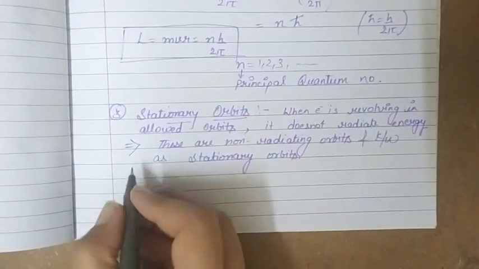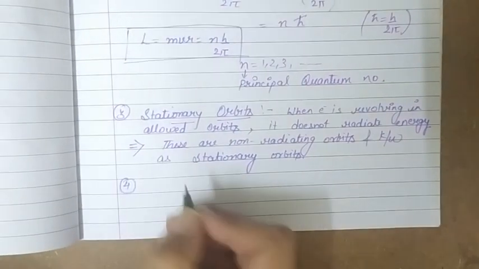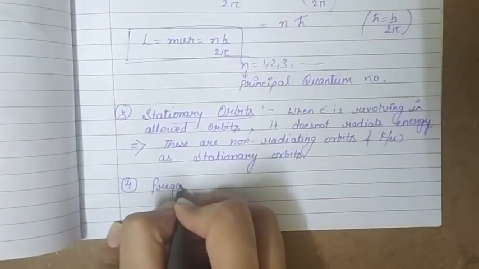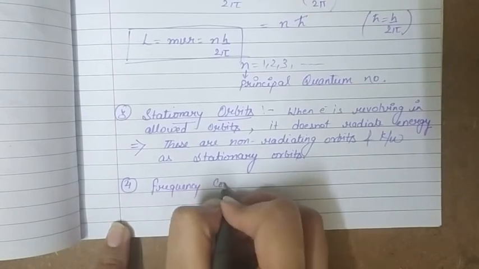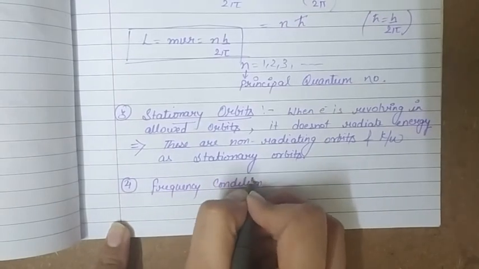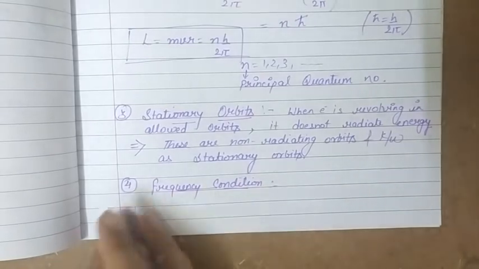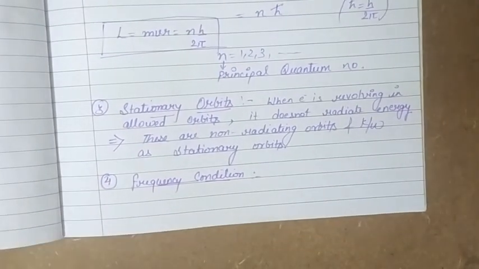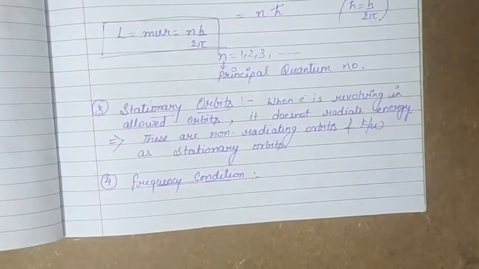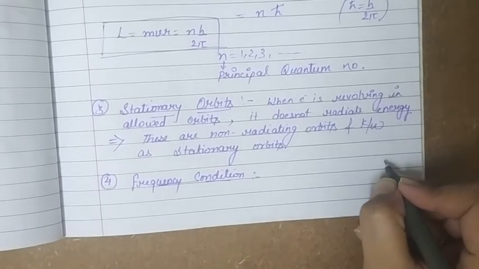Now the last one, the fourth postulate, is the frequency condition given by Bohr. He said that an atom can emit or absorb radiation in the form of discrete energy photons only when it jumps from a higher to a lower orbit, or from a lower to a higher orbit, respectively. This can be explained by an example or a diagram.